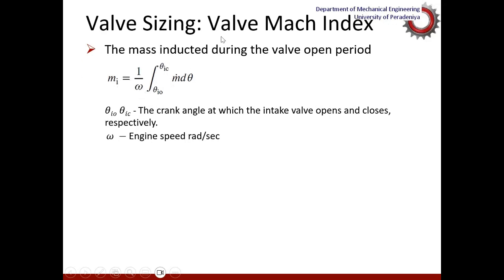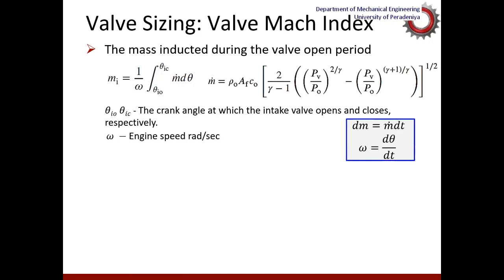This, of course, you can find from the basics. We know that dm equals m dot dt, and omega equals d theta over dt. So if you combine these two equations and get rid of the dt term, because time is a parameter that we do not know. Other parameters we know, the thetas, because it depends on the valve timing.